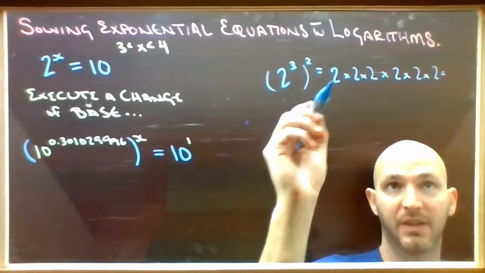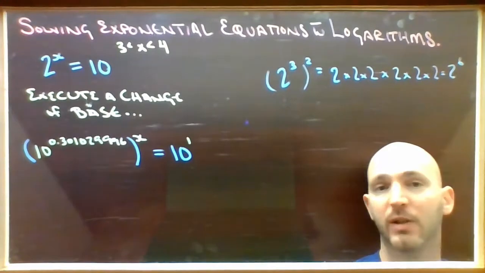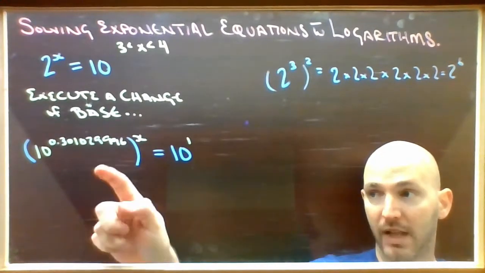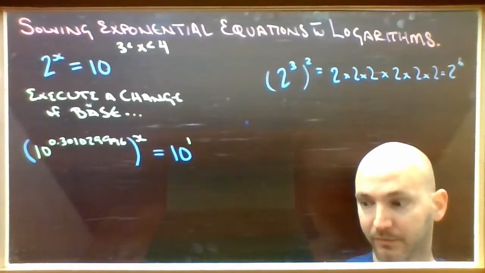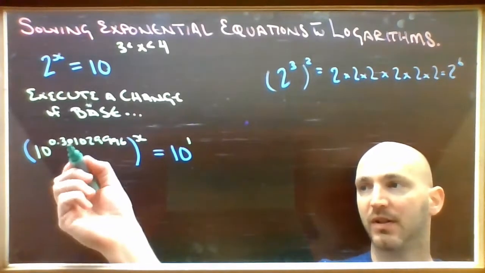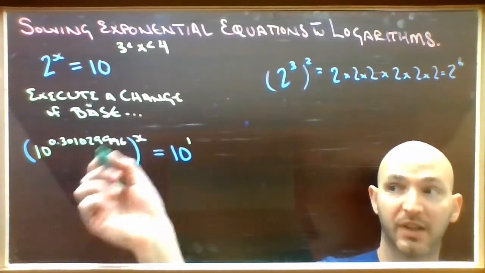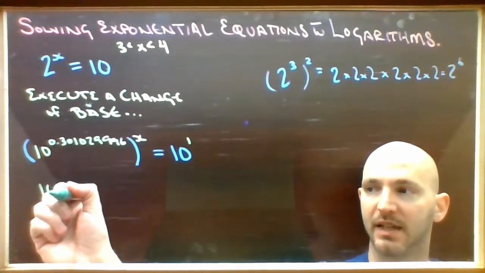Well, that happens to be 2 to the 6, which I could have arrived at just by doing 3 times 2. So what I've got here then is 10 to the exponent 0.301029996 to the exponent x is the same as this.